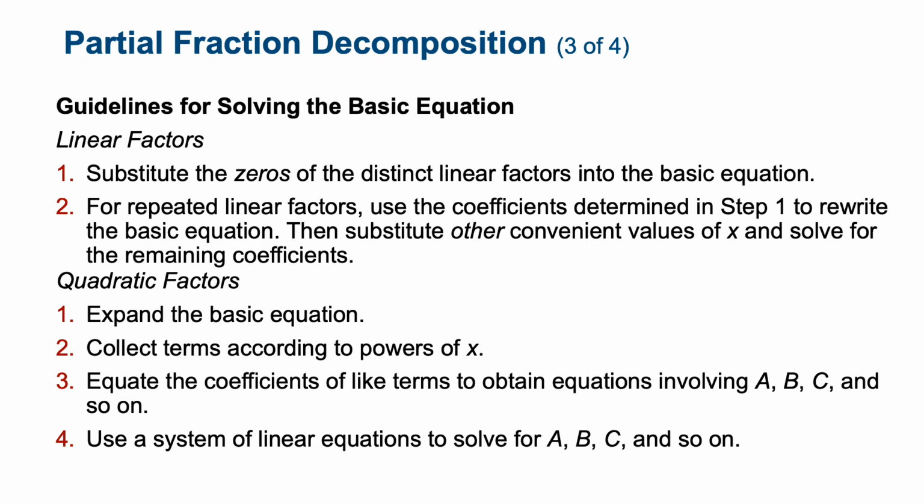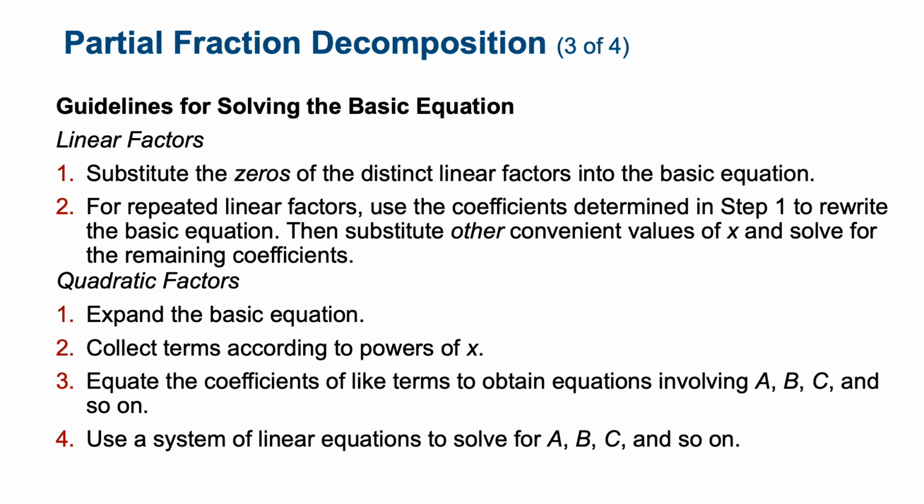And then we substitute other convenient values for x and solve for what's remaining. Then for the quadratic factors, we expand the basic equation, we collect terms according to powers of x, we equate the coefficients of like terms to get equations using a, b, and c, and then we use a system of linear equations to solve for a, b, and c, and most of the time they're very simple, okay?